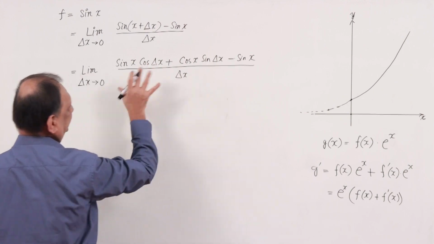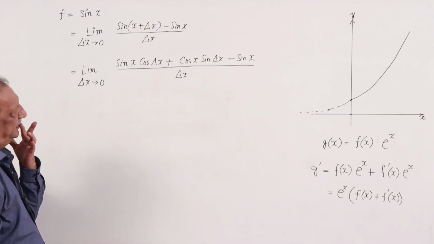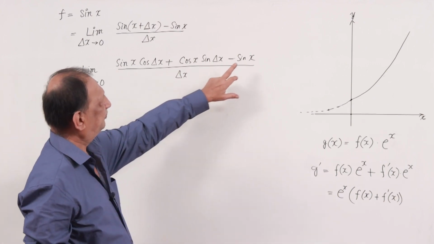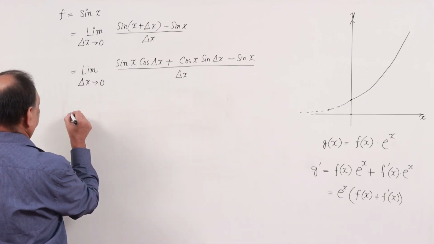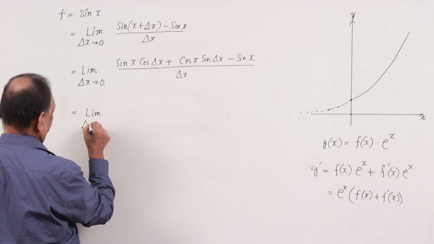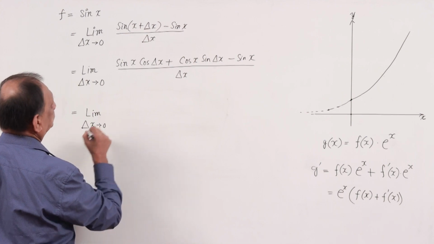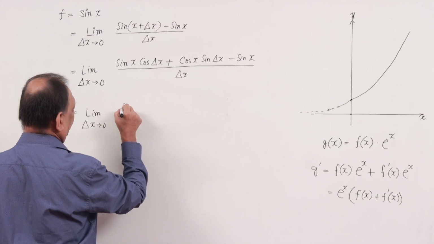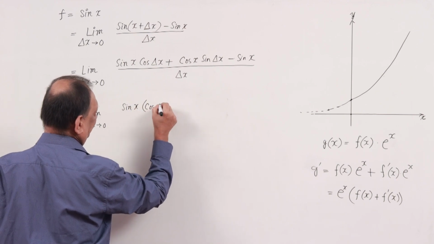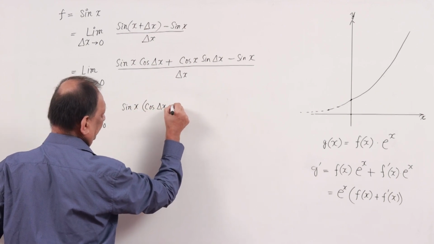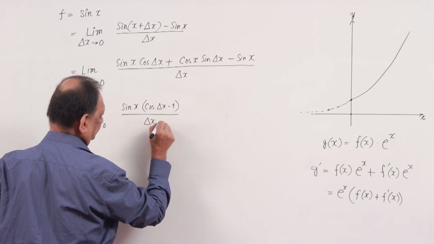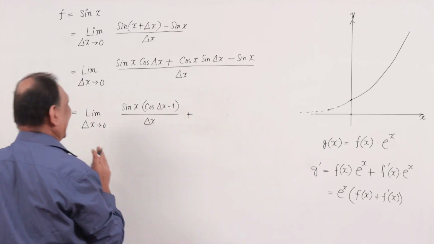Now we have to rearrange these terms in a way that we understand, right? Sin x cos delta x minus sin x, you can take a common factor. So this would be sin x multiplied by cos delta x minus 1, and I divide that by delta x, plus, I just split the limits.